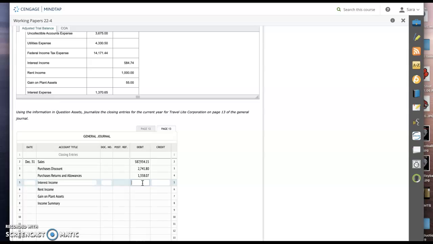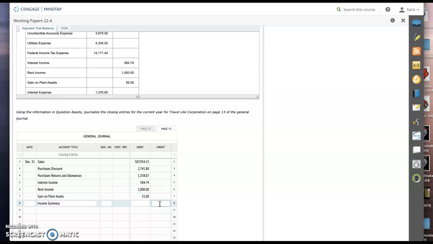Rent income $1,000. Skip to interest income. Interest income is $584.74. Gain is $55.